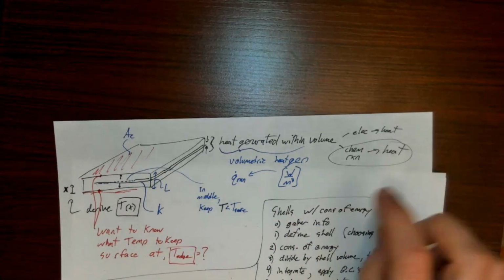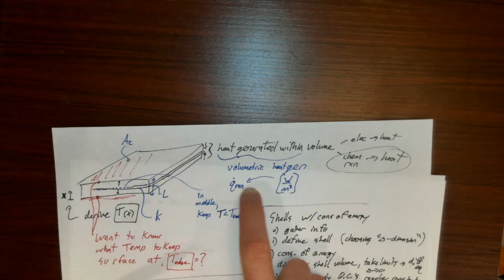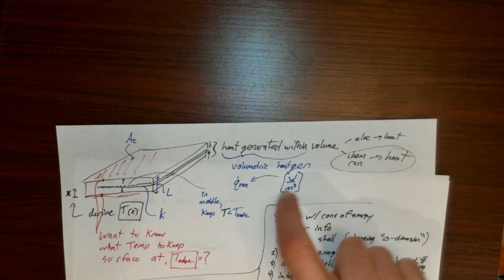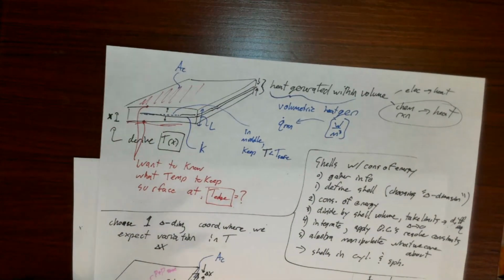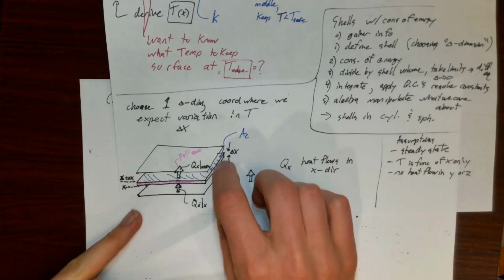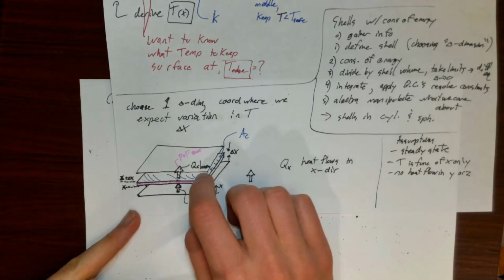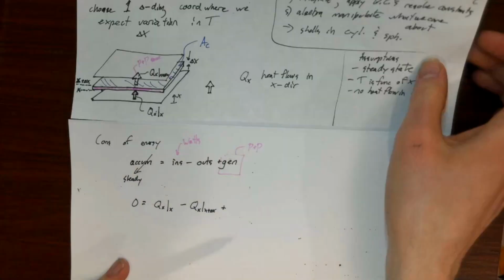If I think about it, this whole slab had some volumetric heat generation, Q dot of my reaction, in watts per meter cubed. If I multiply this Q dot reaction times the volume of this shell, that gives me the watts being generated within this slice of the material. So what's the volume of the shell?